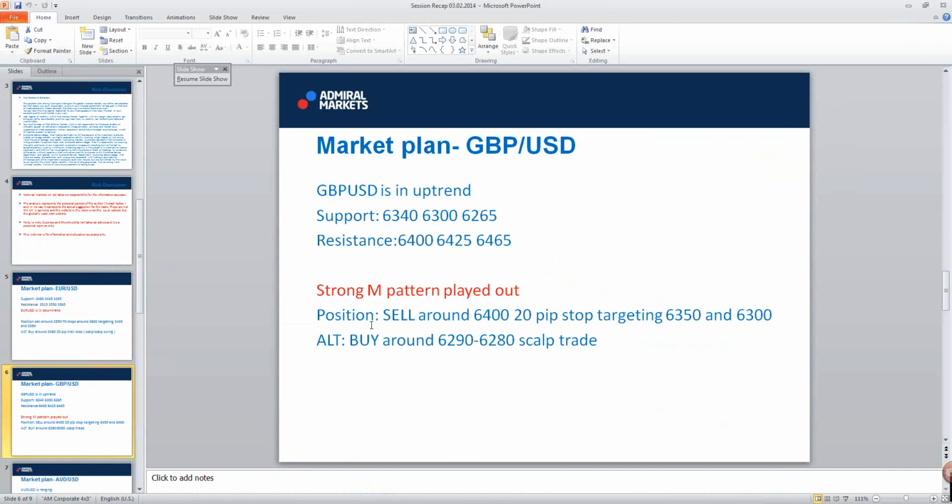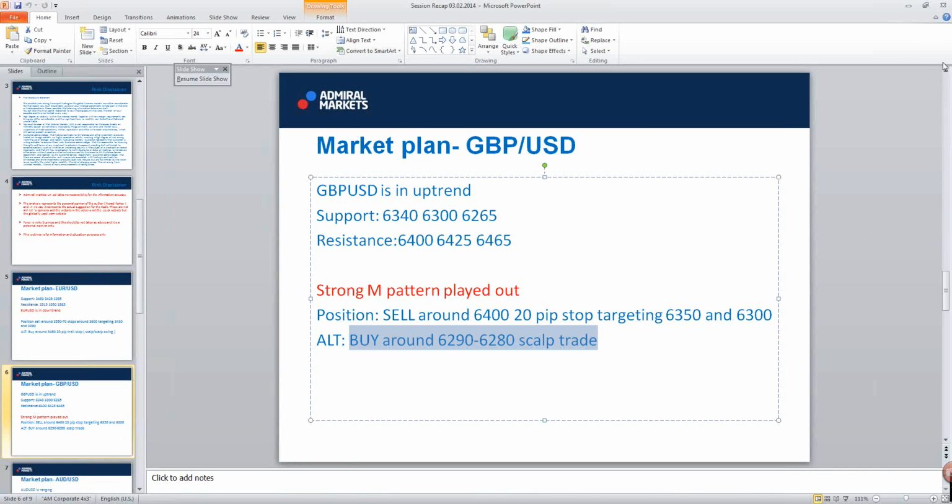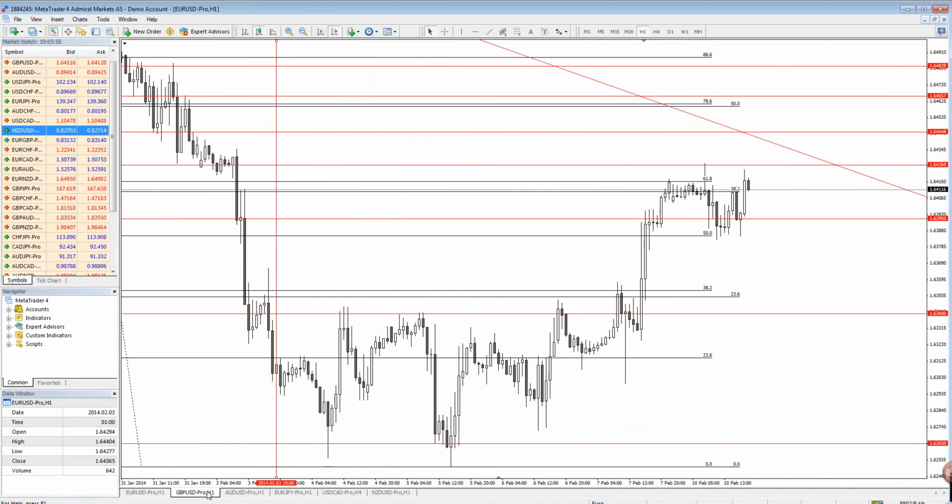Market plan on Cable. As you know, this was the setup which was happening while I was talking at the last webinar. Basically it was good for 12 points. As I said, it was buy around this level for a scalp trade, and while I was talking with you, the trade executed somewhere around there.